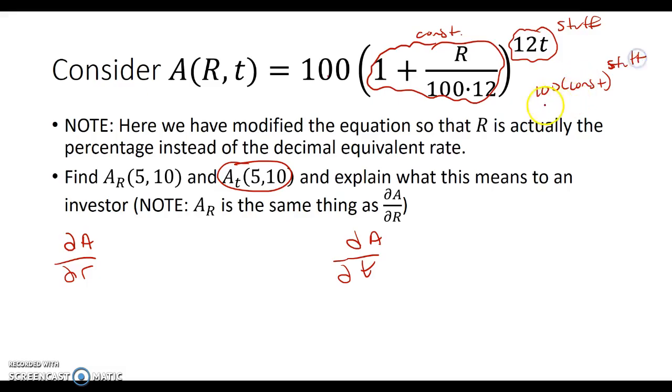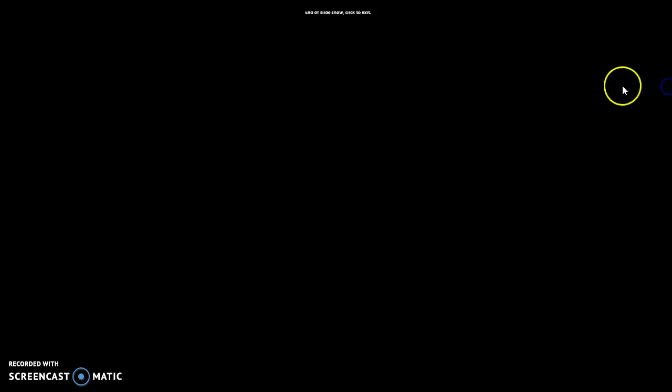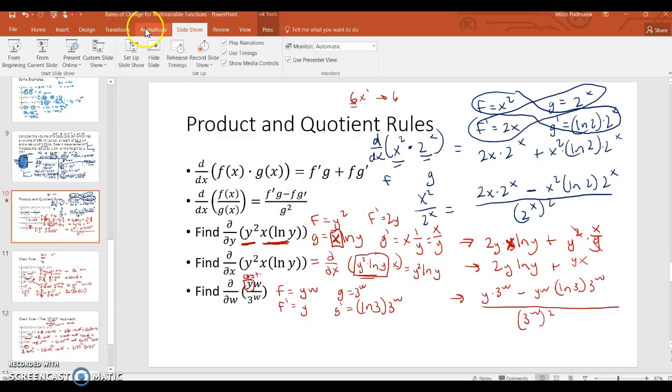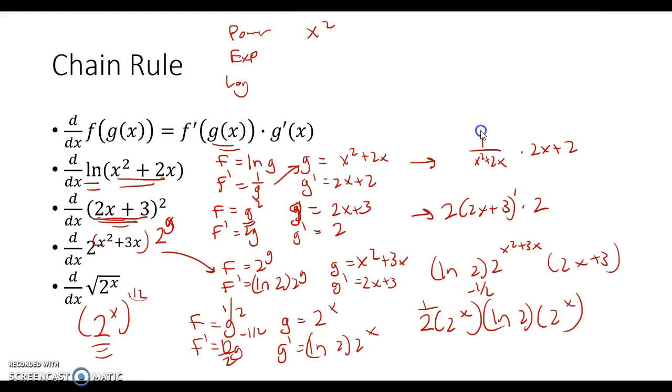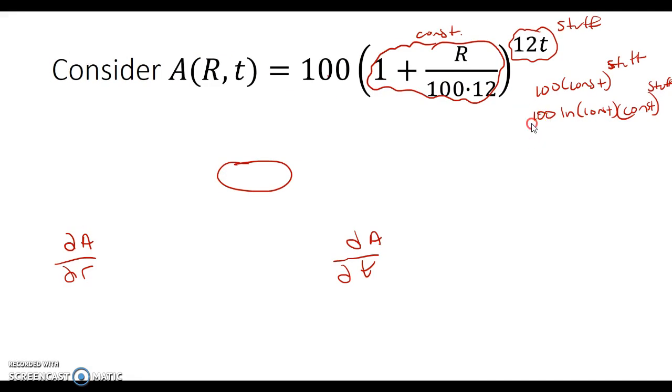If I take the derivative of that, that's an exponential function. So 100 times the natural log of the constant times constant to the stuff. But now I have something other than just t in the exponent, so I have to use the quotient rule, or I mean the chain rule, apologize.